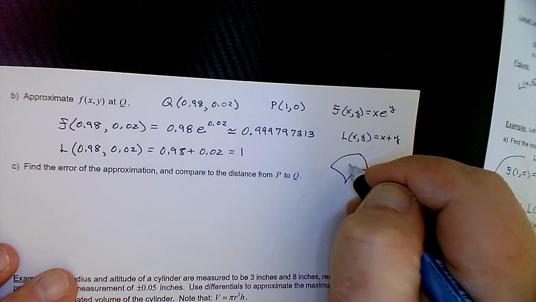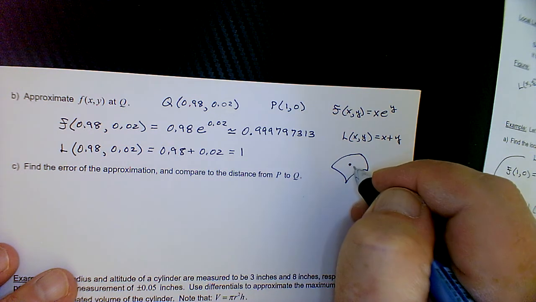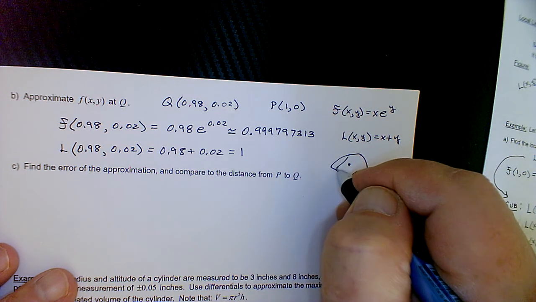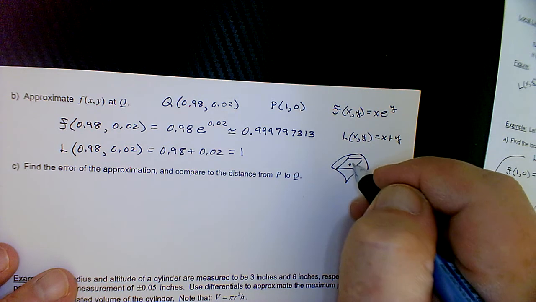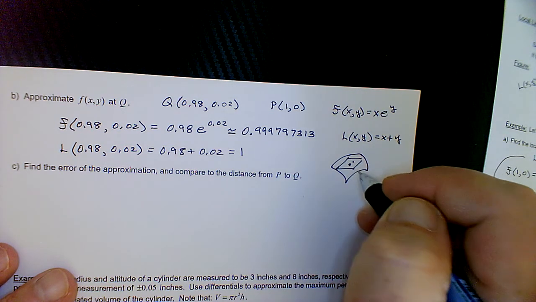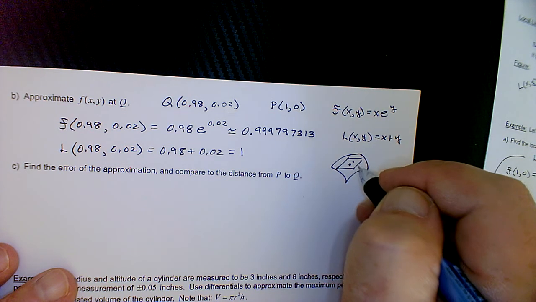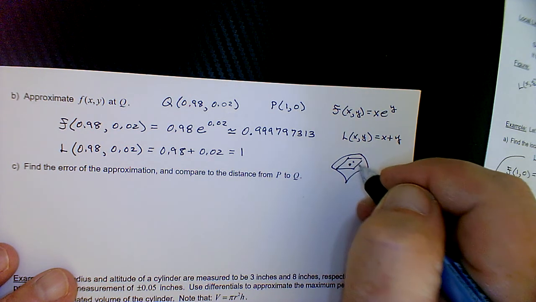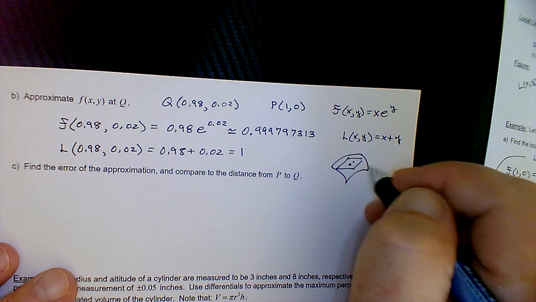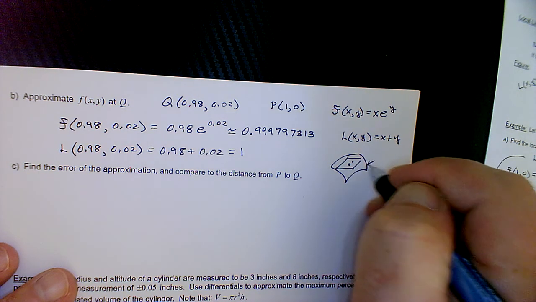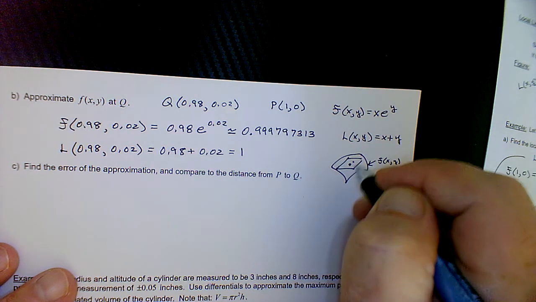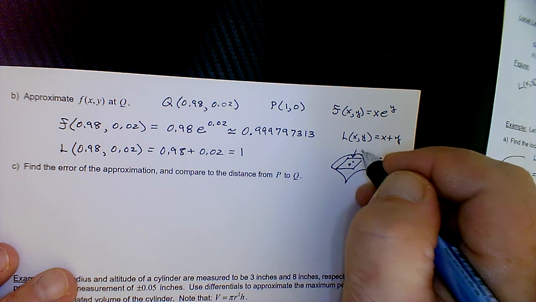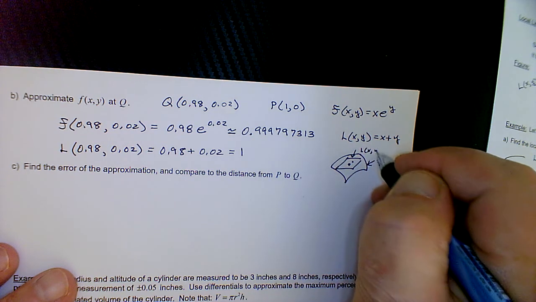Okay, that's your f of xy. The point P, you got the tangent plane, and you got a point Q that's really, really close to point P. And we're finding the difference in the heights between what's on the surface, f of xy, and what's on the tangent plane, L of xy.